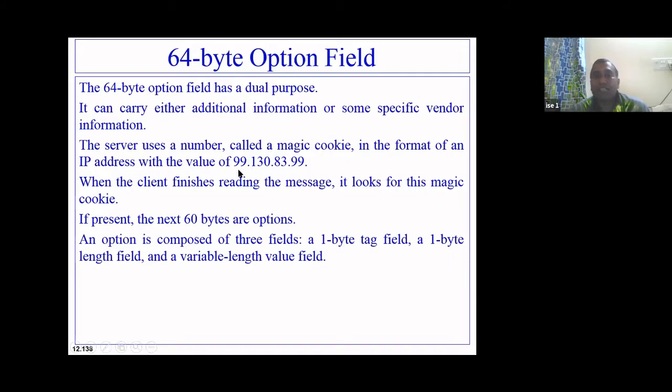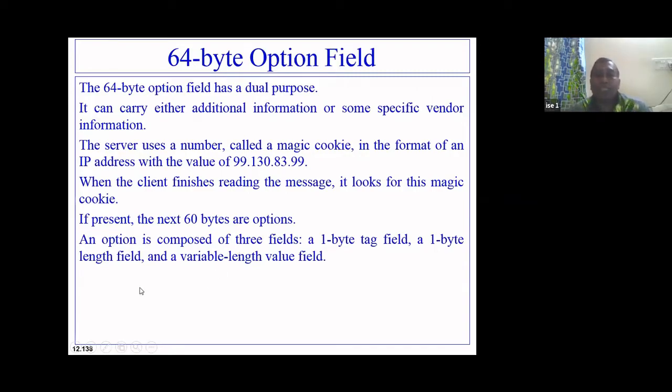You got that? 4 bytes are used in this magic cookie. This is 1 byte, another byte, third byte, 4th byte, total 4 bytes. So it is 64 bytes. So if this magic cookie is there in 4 bytes, then option field will be read. Otherwise, option field will not be read by the server or the host.